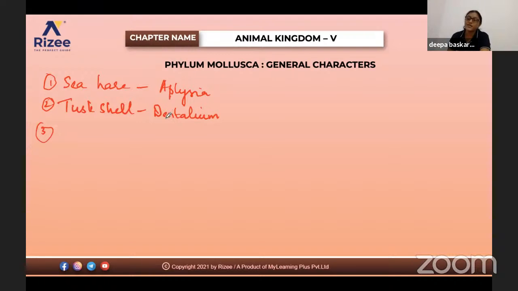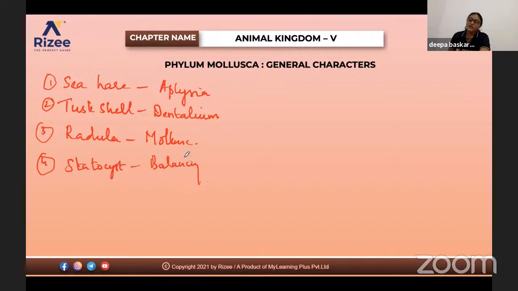Next question, the rasping organ radula is present in mollusca. So radula is the specific structure present in mollusca. Next question is the balancing organ of mollusca. Always for balancing you should remember statocyst. In mollusca, the respiratory pigment is hemocyanin.